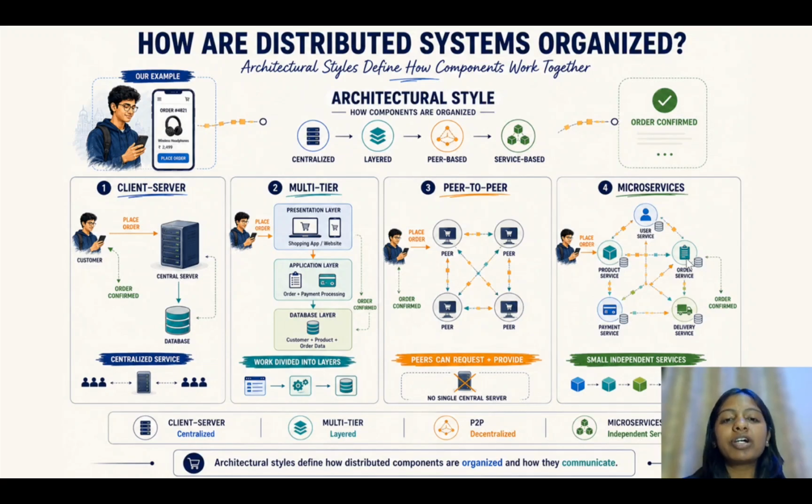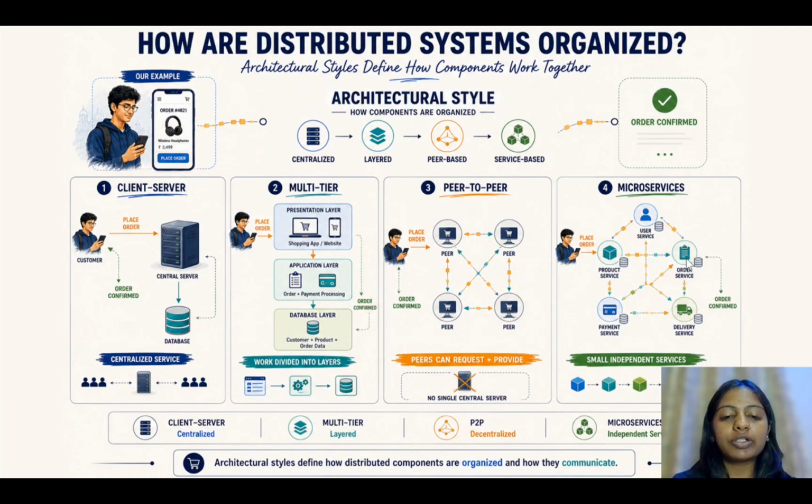So the very first is client-server. The client sends requests to the central server, and the server processes them. Then multi-tier. The system is divided into layers such as presentation layer, application layer, and database layer. Then peer-to-peer. Here the computers, or the peers, communicate directly with each other without depending on one single central server.